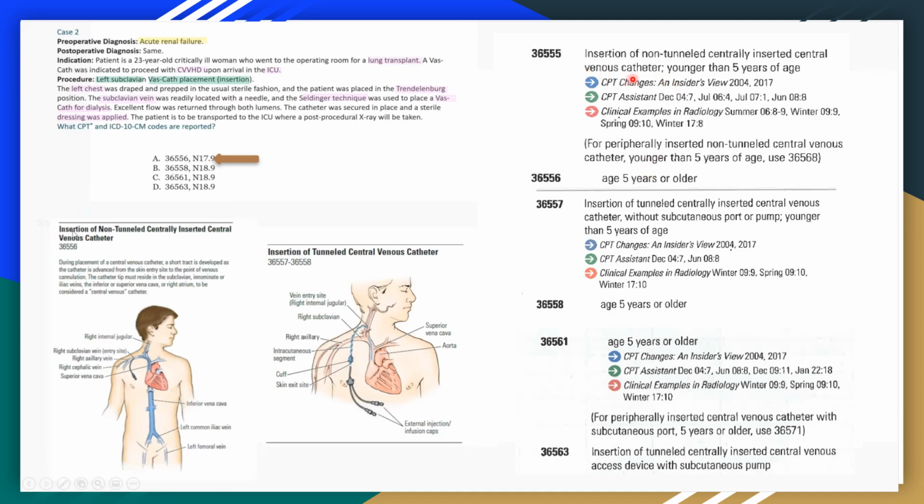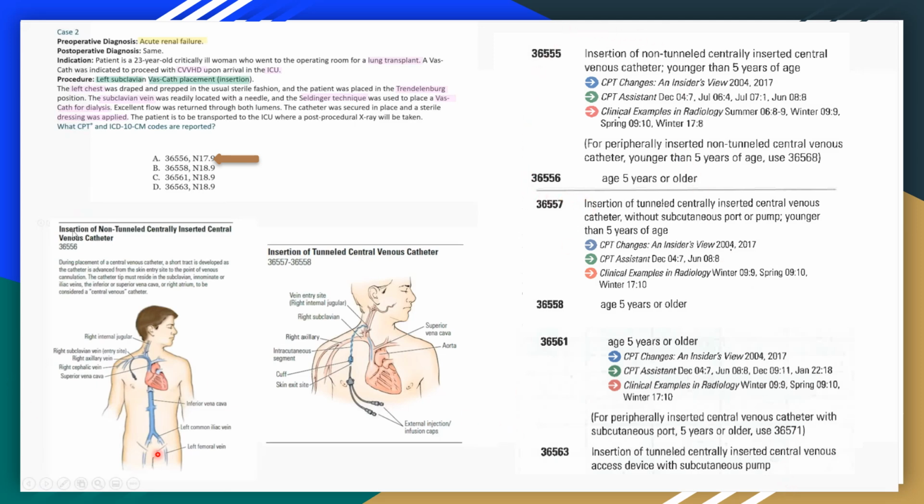So if you see, insertion of non-tunneled centrally inserted central venous catheter, younger than 5, this is above 5. Everything is there, but it is without pump and port, but they have mentioned tunneled, so we cannot take it, and this is the insertion of a tunneled centrally inserted central venous access device with subcutaneous port. So the answer will be 36556.